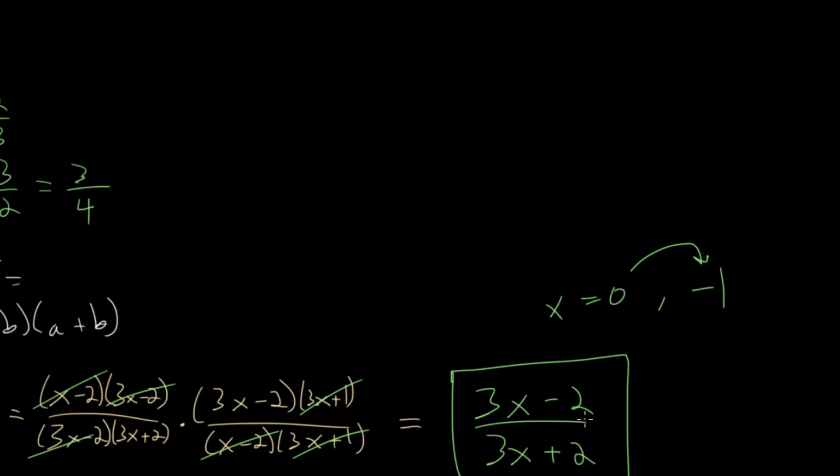And you can try other numbers if you want, just to feel more confident, but this is a simple, though sometimes tedious, way to check that your original expression and your simplified expression are equivalent to each other and produce the same outputs when you choose some input.